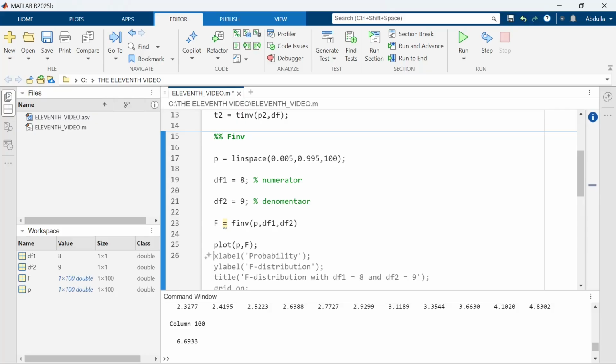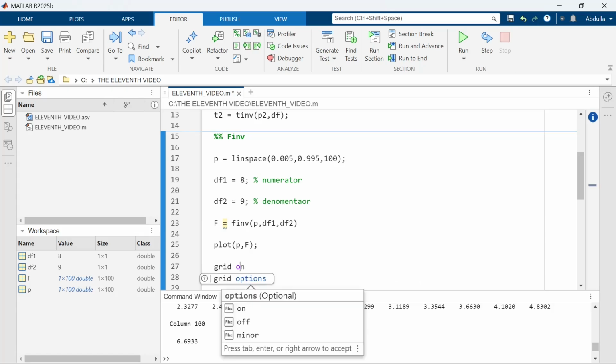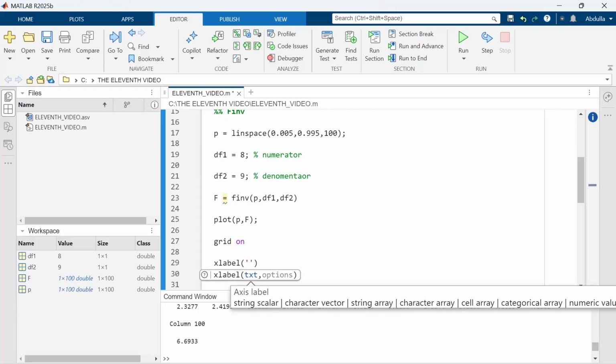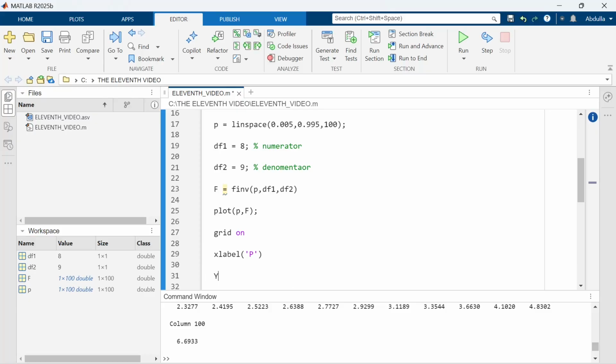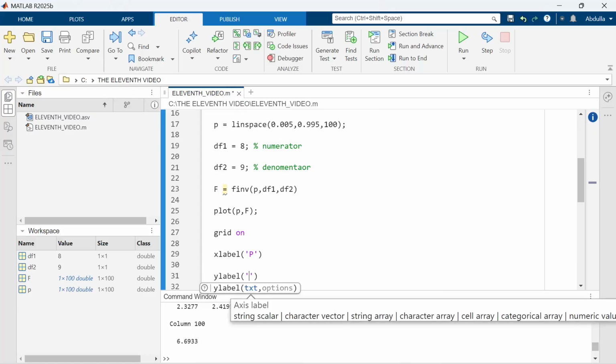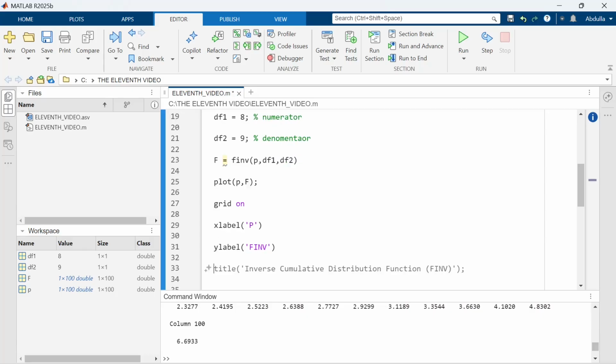Right now I will do the usual things for my plot: grid on, xlabel P, ylabel FNV, and let's make something like a title.